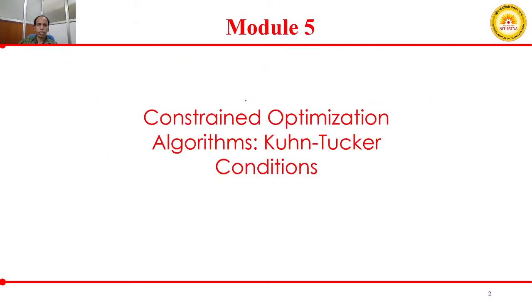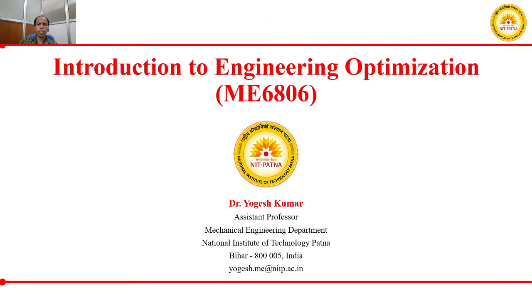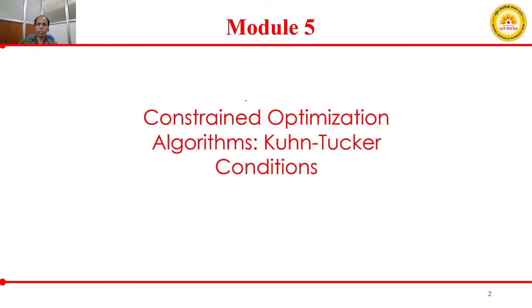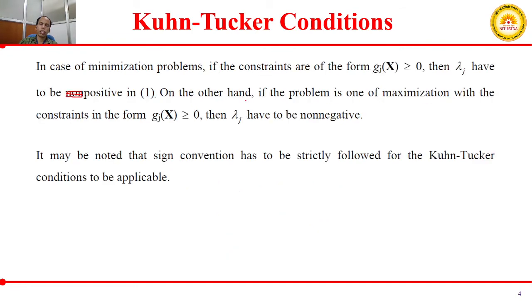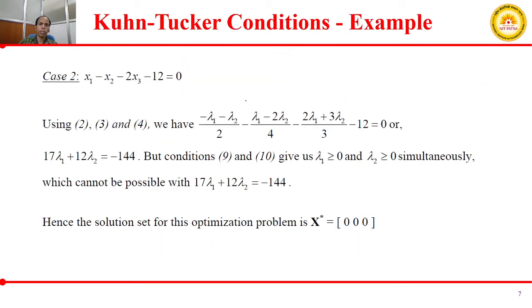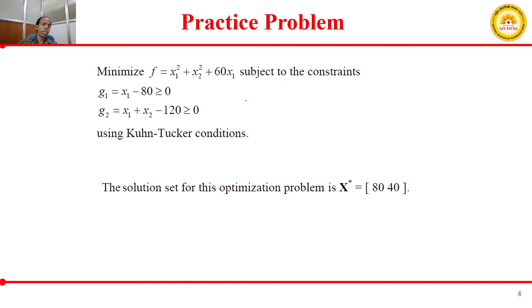So, as I told, in this module 5 we have discussed Kuhn-Tucker conditions already and we have solved one problem. I also gave one practice problem. I hope some of you have tried to solve it.